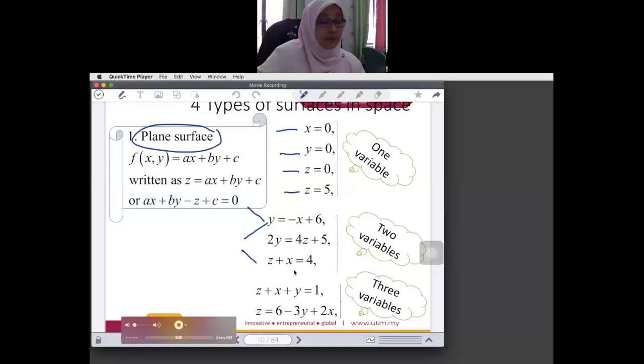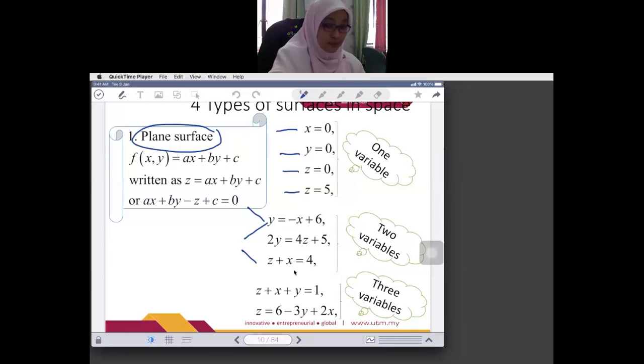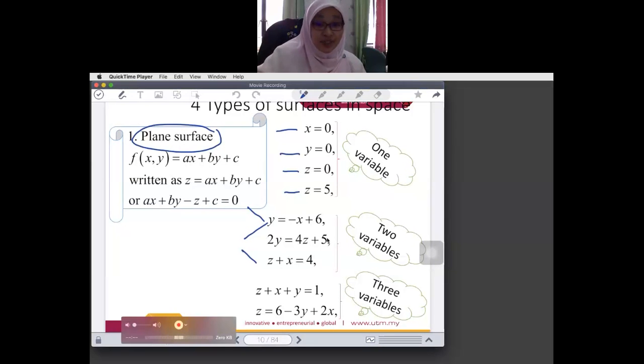Because there are a few steps that you have to go through, I split the linear equations here into three parts. Can you spot the difference between the first one, the second one, and the third one?